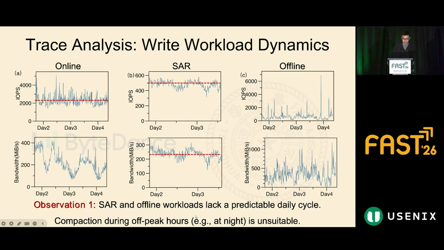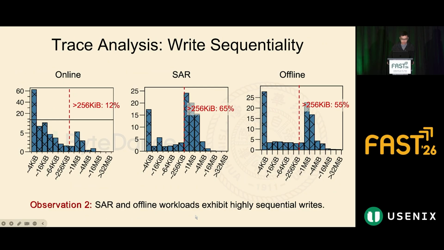First, let's look at the write workload dynamics. It shows SAR and offline workloads lack a predictable daily cycle, so doing compaction during off-peak hours is unsuitable. And for write sequentiality, it shows SAR and offline workloads exhibit highly sequential writes.